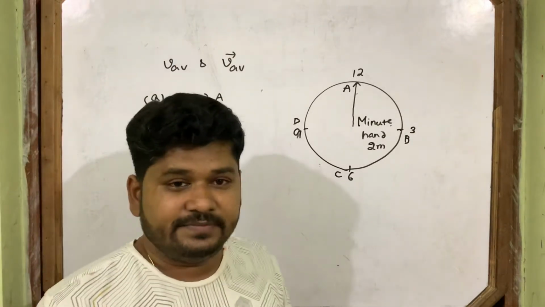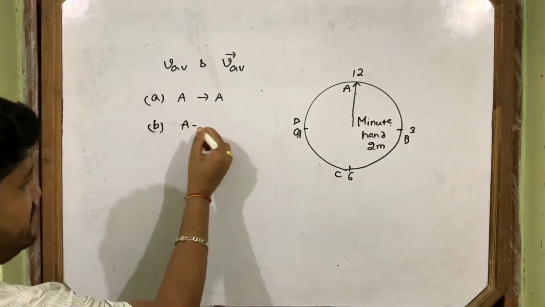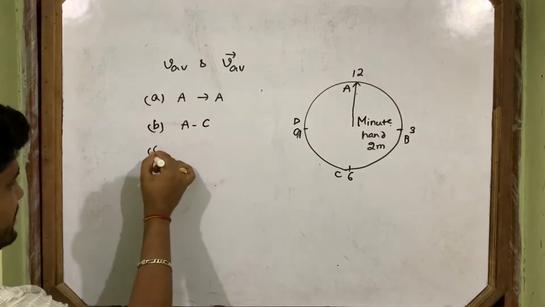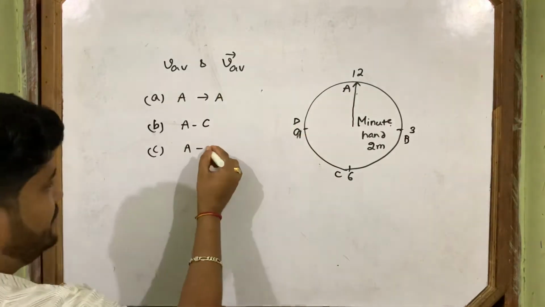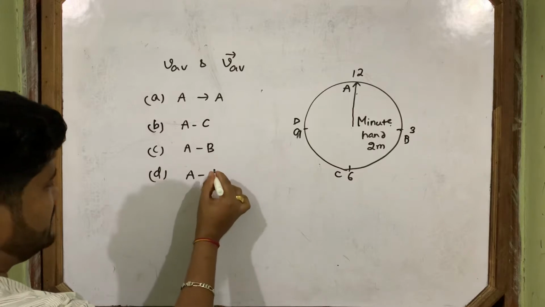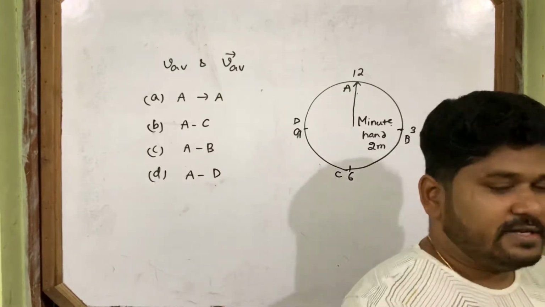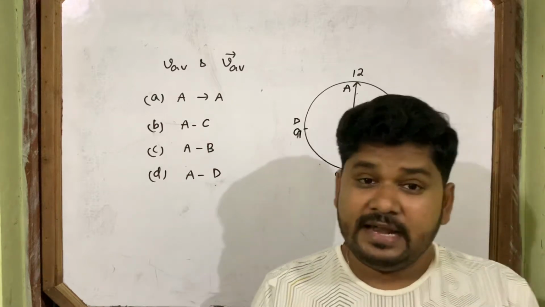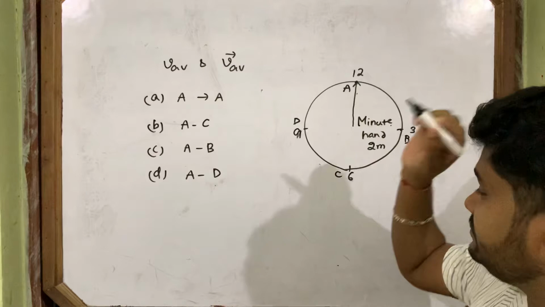Both you find. Second case, when it moves from A to C. Third case, when it moves from A to B. Fourth case, when it moves from A to D. In the four cases, find the average speed and average velocity of the tip of the minute hand only.